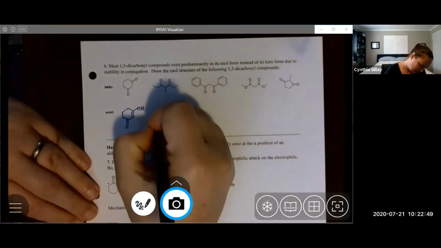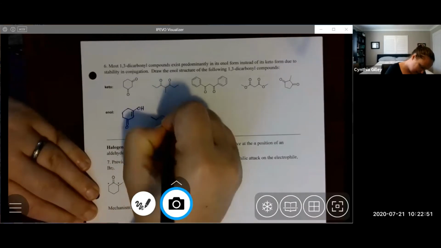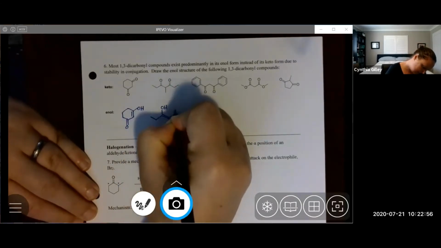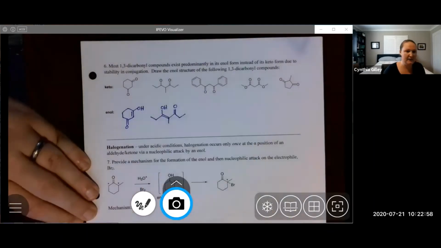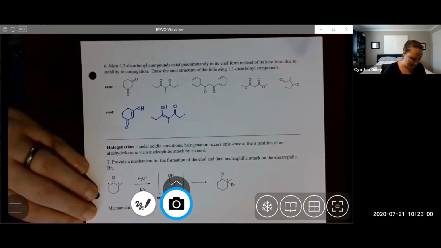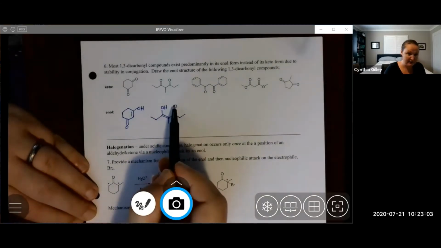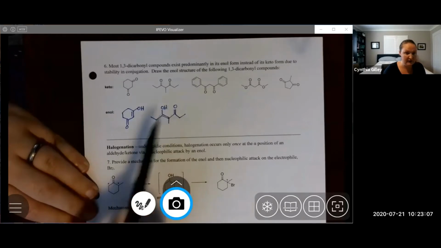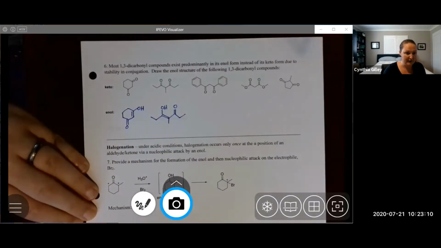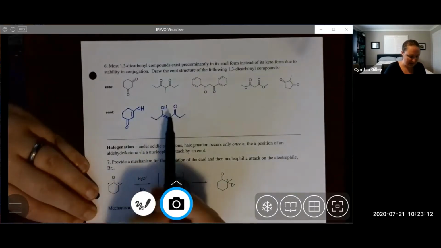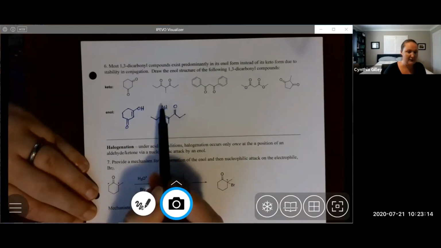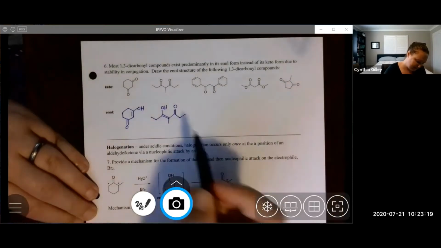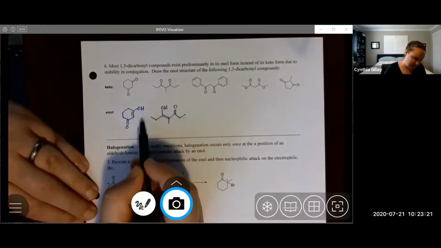Okay, so drawing the enol. Interestingly, in this acyclic case, there's additionally hydrogen bonding going on between the lone pair on this oxygen and the hydrogen of the OH group. So it's also forming intramolecular hydrogen bonding, which also helps to make it really stable. And that's the case just when you can reach, where it wouldn't work over here because it's too far apart.